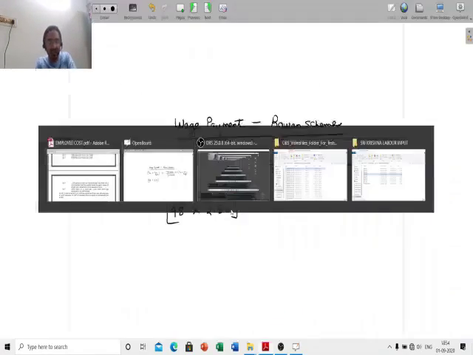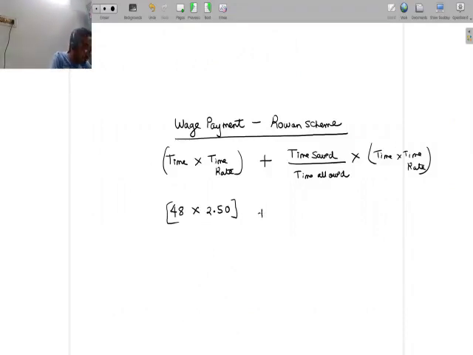Now the next thing that we should look at is what is the time saved. Now the time saved, you can say, is 79 minus time taken. Here, 79 is time allowed minus time taken. If I put 48 and say 48 hours is what you have taken, 79 hours is the time allowed, 79 minus 48 is your time saved.